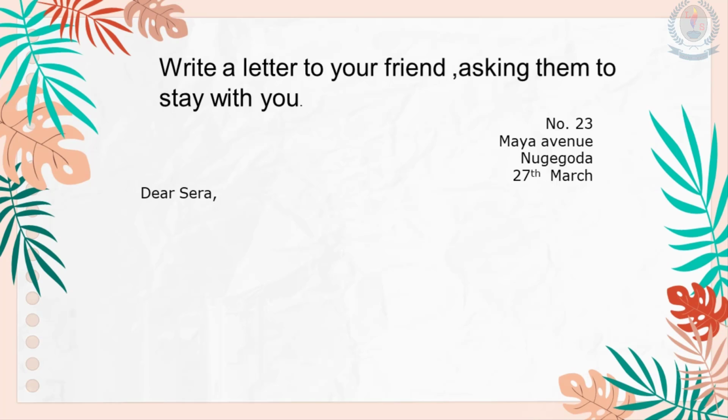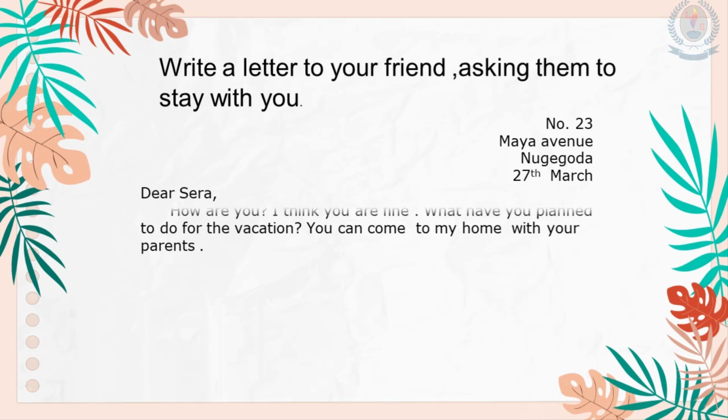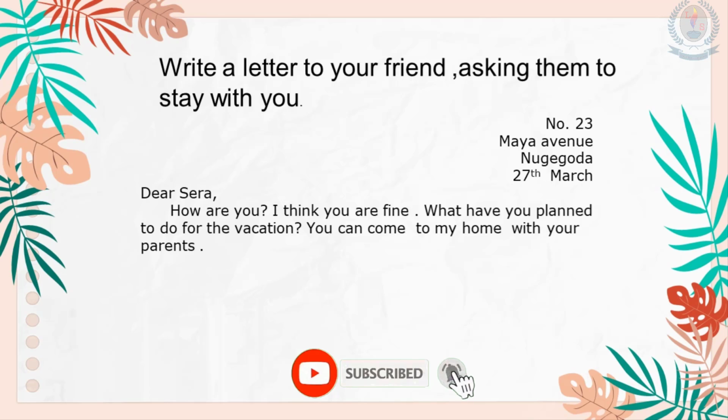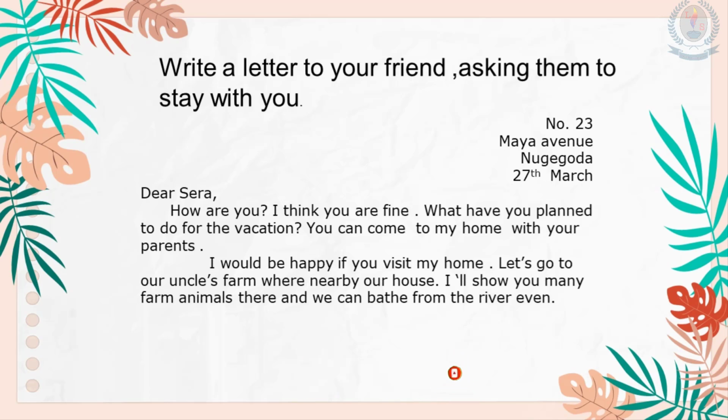Then we can write the first paragraph. How are you? I think you are fine. What have you planned to do for the vacation? You can come to my home with your parents. That is the first paragraph. Let's write the second paragraph.